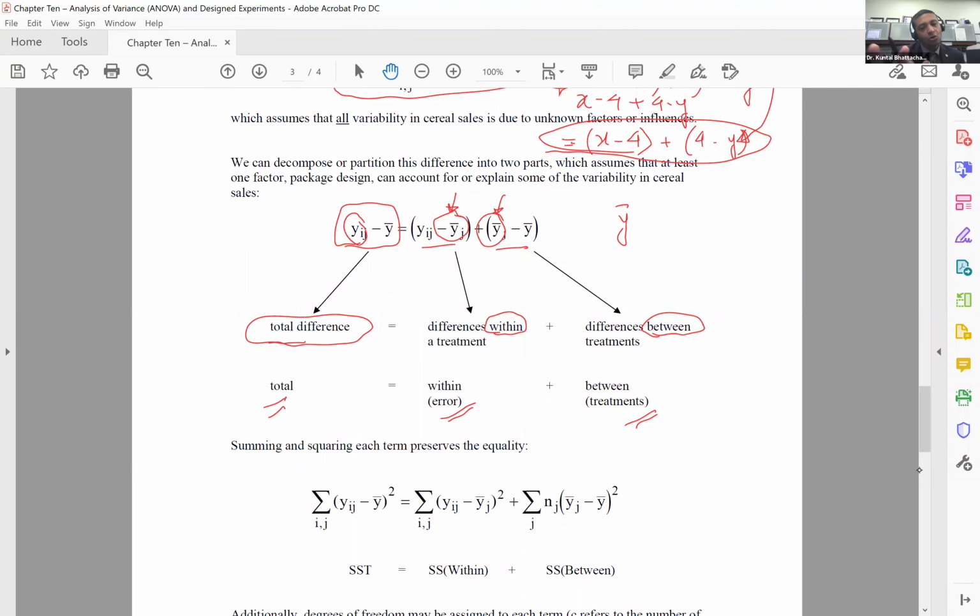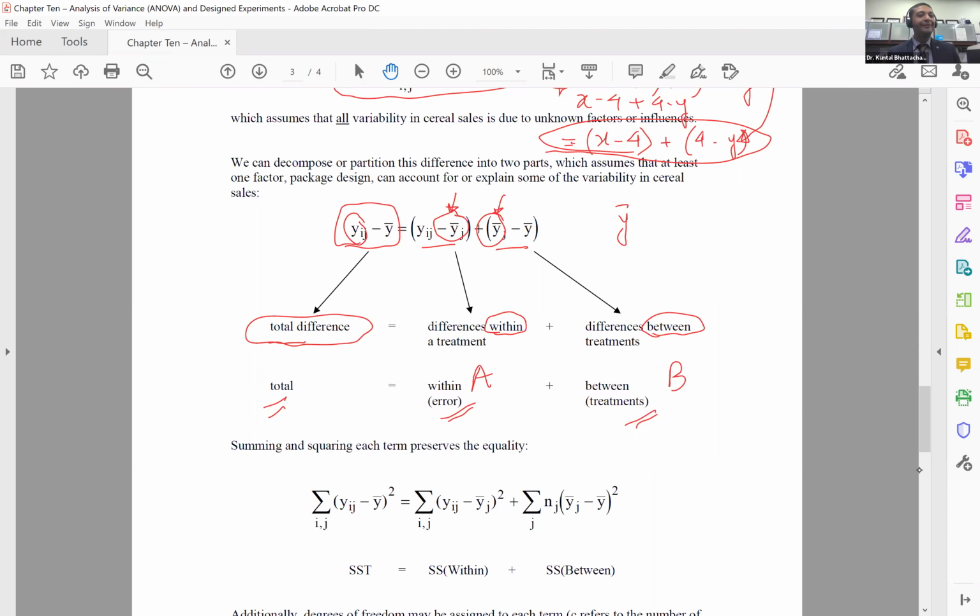So my question to you before we go any further, the underlying question that we are trying to answer, is whether package design impacts sales or not. To make a case that package design impacts sales, if this is A and this is B, which one of these differences do you want to be larger than the other?